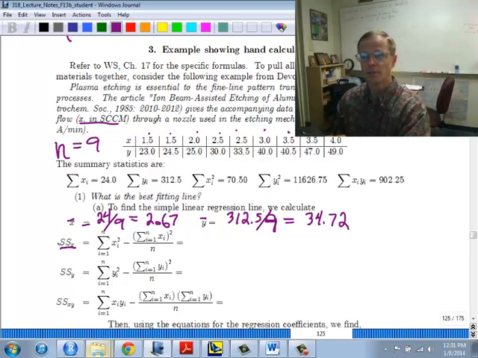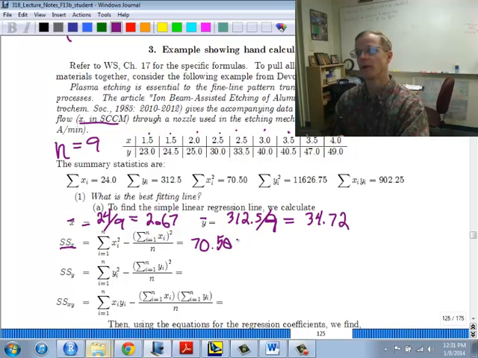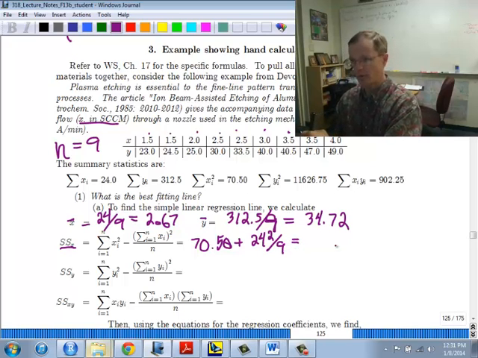Okay, now sum of squares X, shortcut formula, just like we did on the correlation coefficient. We'll take the sum of the X squared, so I've got 70.5 minus, now I need sum of X, that's 24, squared over 9. Okay, that guy is 6.5.